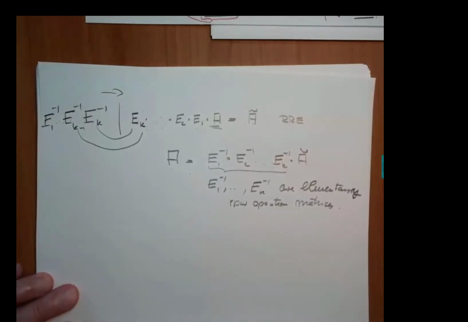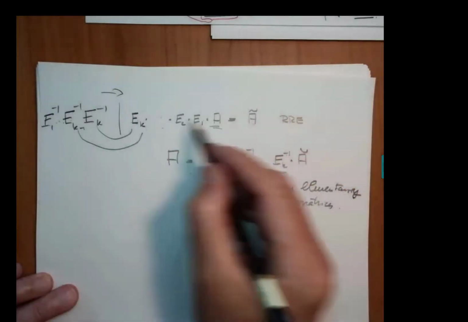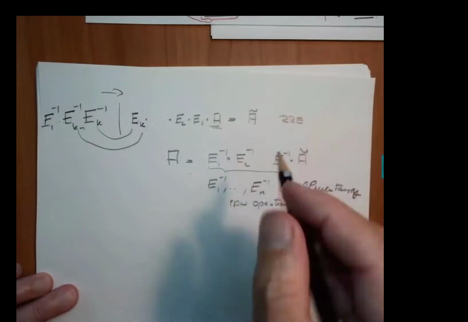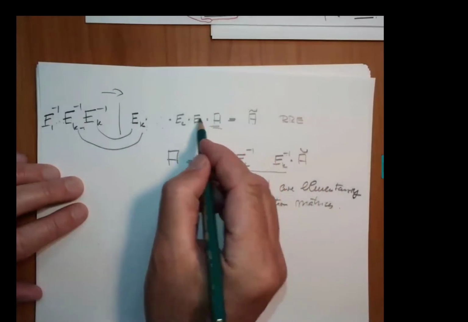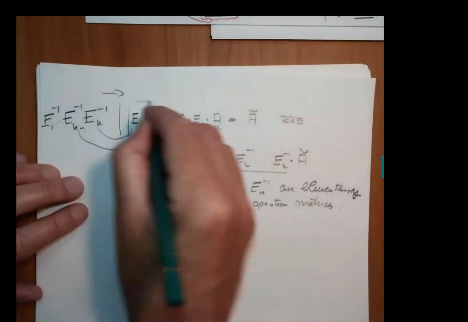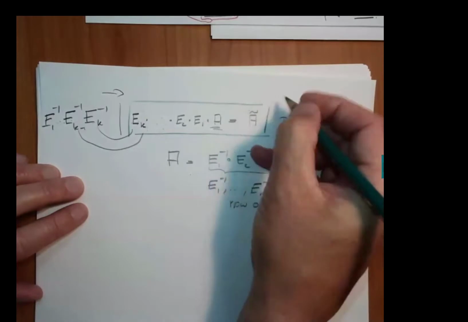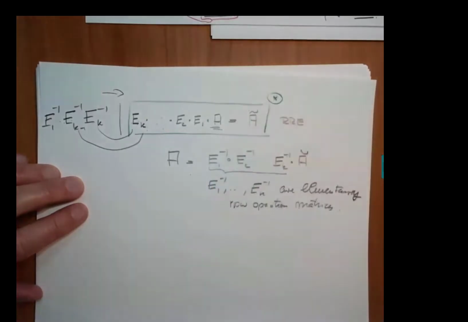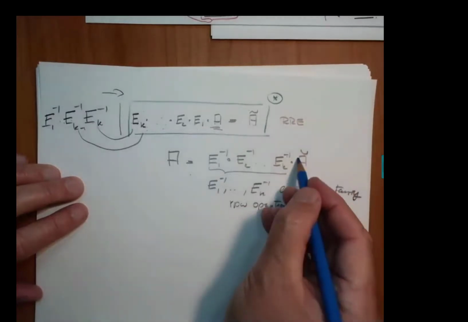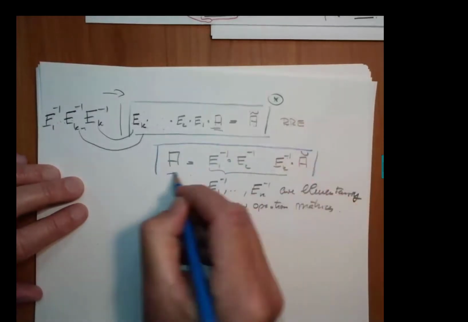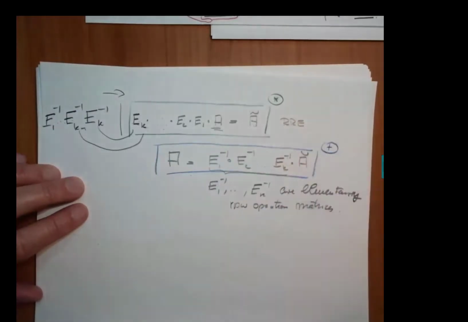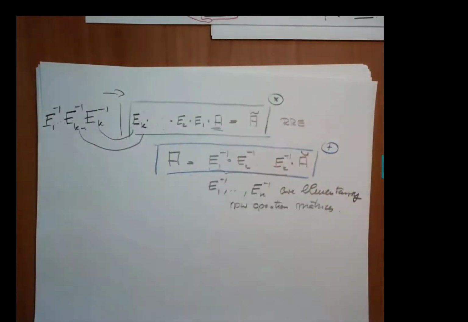I'd like to call the equation where A multiplied by row operations gives A tilde equation star. And the other way around, where A tilde times elementary row operations gives A, I'd like to call equation plus. Later on, I'd like to go back to these.